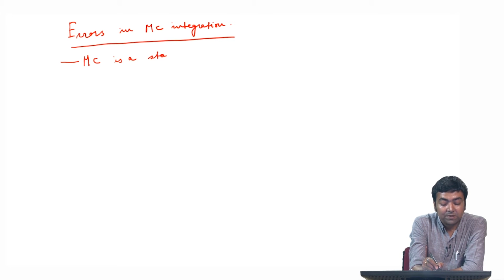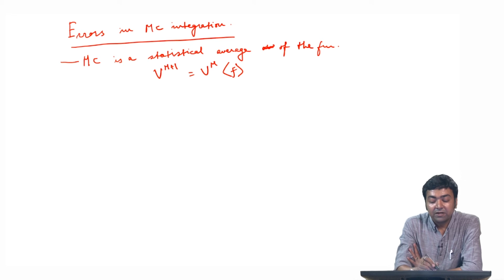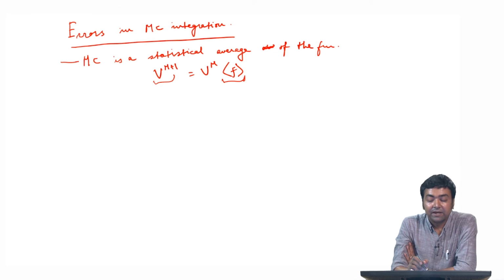So, just to summarize and to move forward, Monte Carlo integration, as we saw, involves a statistical average of the function. So, I have V m plus 1 equal to V m and then an error. The error in the estimation of V m lies in the error in the estimation of the statistical average of f.